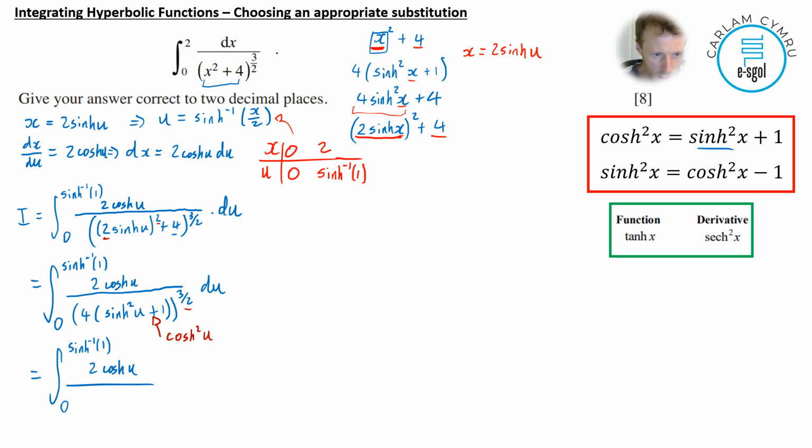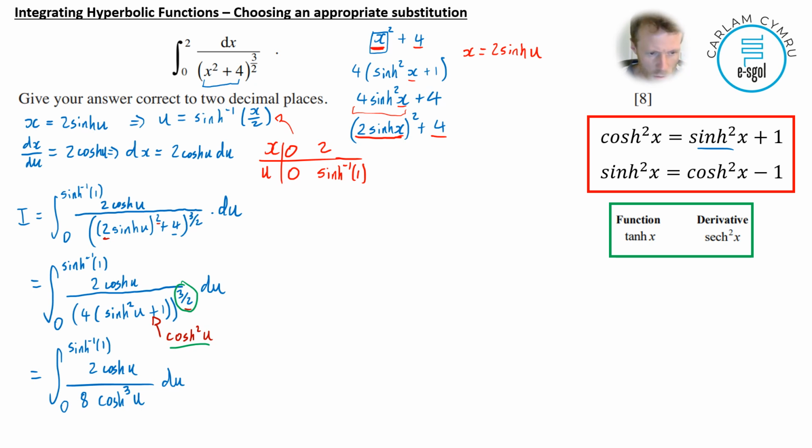So we get 4, because the denominator of our power is square rooting it, and then we're cubing it back up, so we get 8. And for the cos squared element, the denominator is square rooting it, so it's going to turn it to cos, and then the numerator is going to be cubing it, so that's going to give us cos cubed u du.